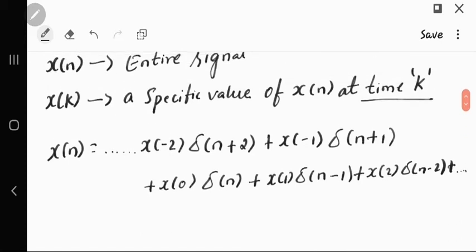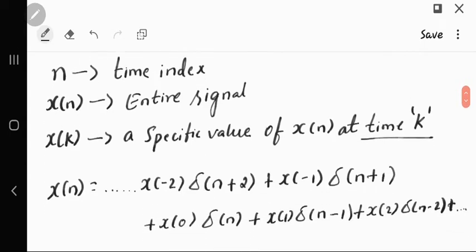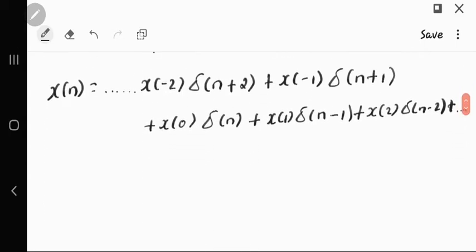So this is the expansion of equation 1 when values are applied for k varying from minus infinity to plus infinity. This is just an illustration of that.